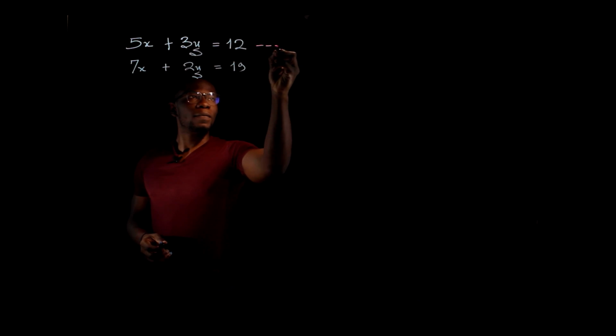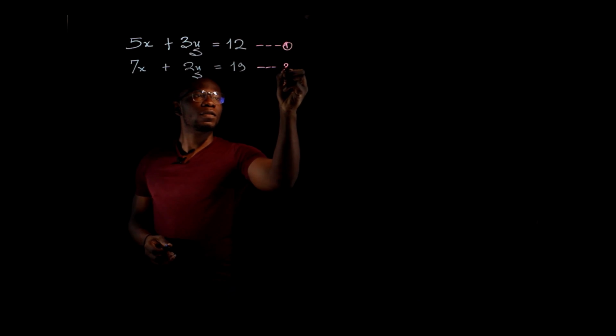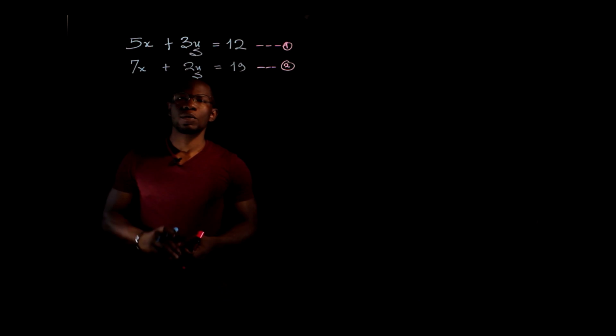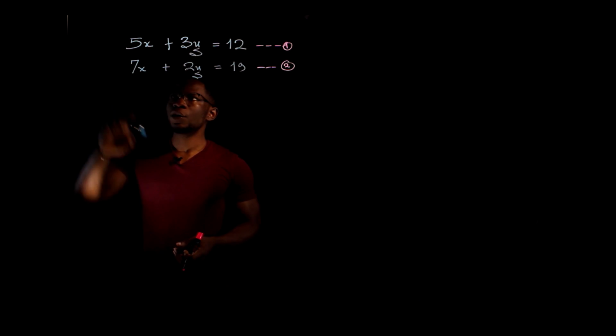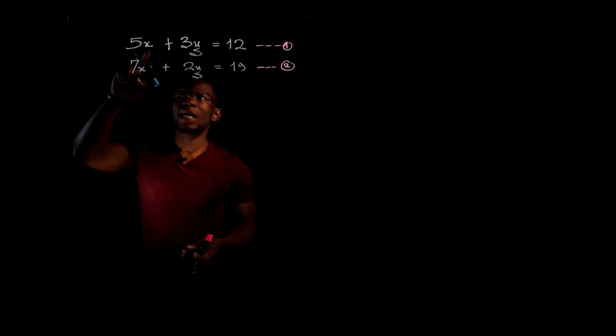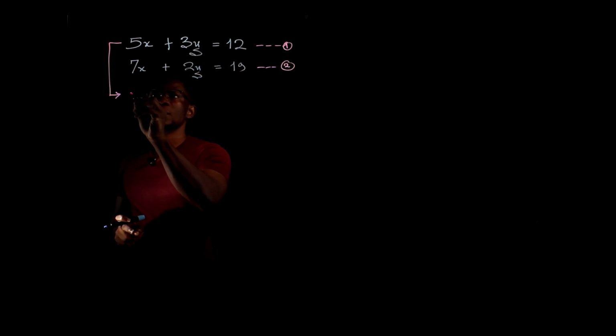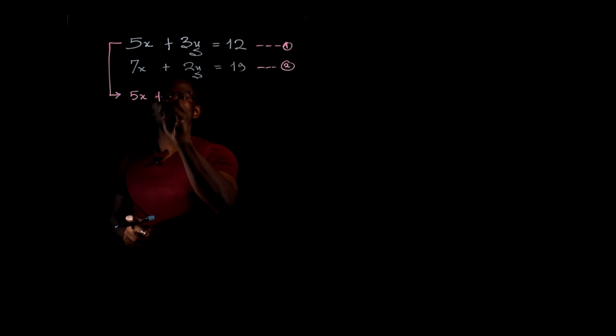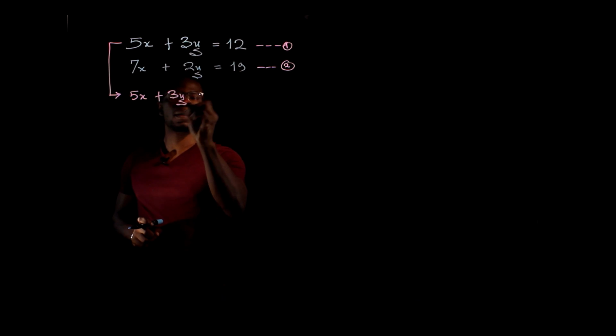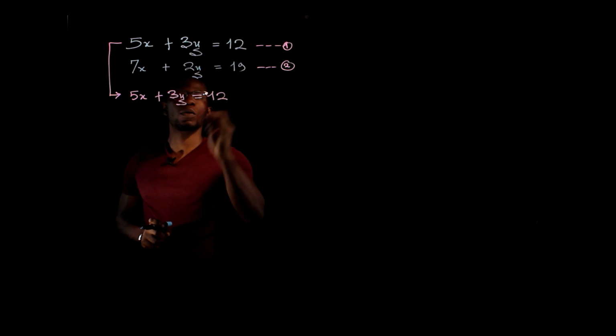So we start like we've done for previous examples. We choose one of our equations. Let's choose equation 1 and let's make x the subject of the formula here. So equation 1 is 5x plus 3y equals 12.